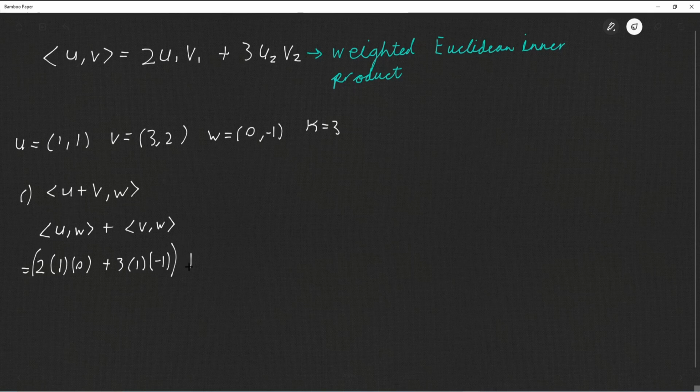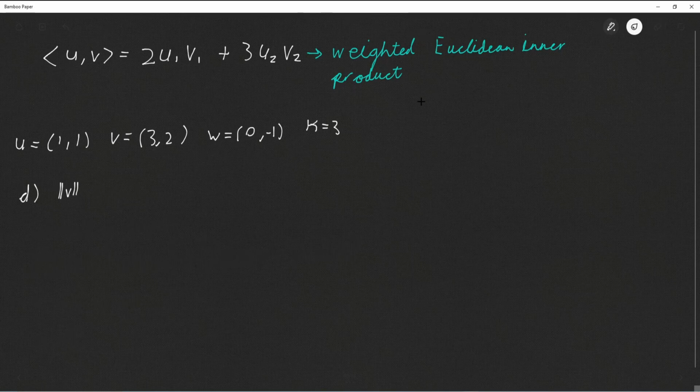And now we have to add that with the inner product of v and w, which is going to be 2 times 3 and 0, plus 3 times our second terms, which is 2 and negative 1. So this will give us negative 3 plus negative 6, giving us our inner product equal to negative 9.